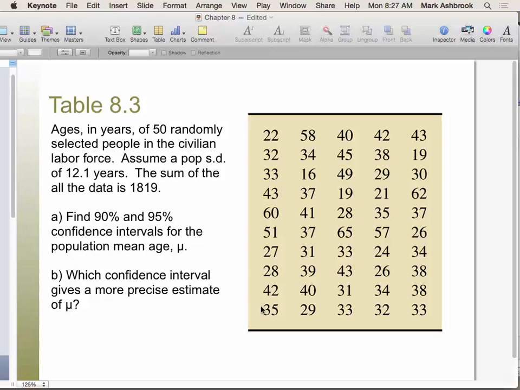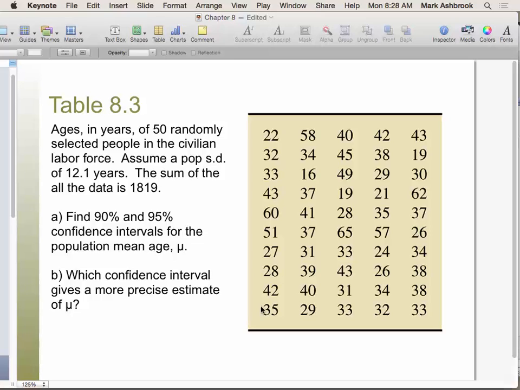Okay, so we haven't done an example exactly like this, so I'm putting a little bit of responsibility on you here to make sense of it. You're going to use what you just did to help you. The confidence interval is going to be a range of ages.